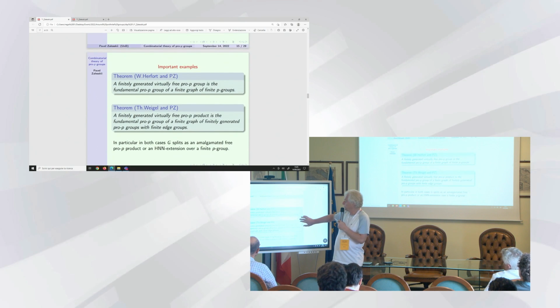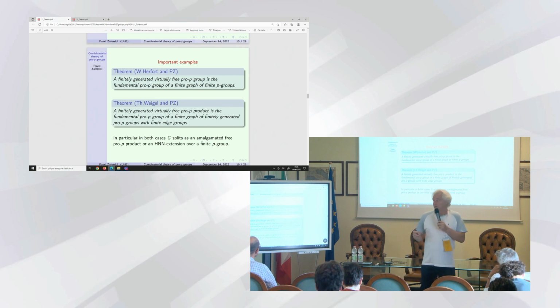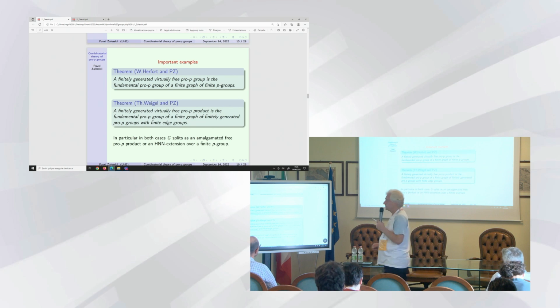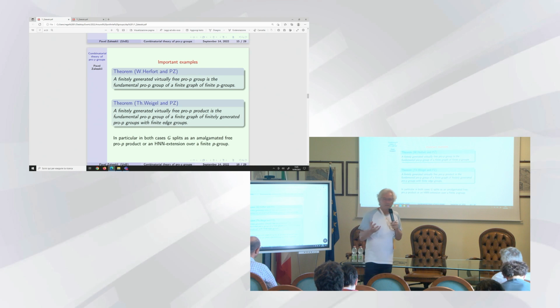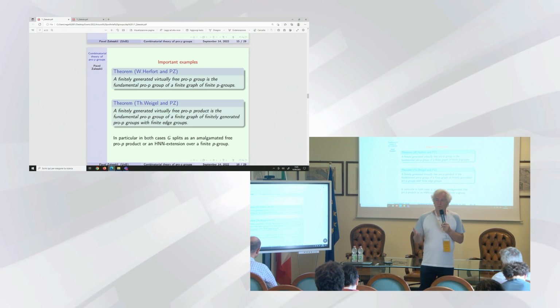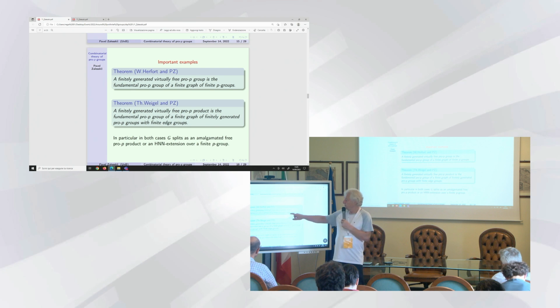All right. And then the important examples are exactly those theorems that were proved by Herfort and Zalesskii and Thomas Weigel and Zalesskii. Namely, that finitely generated virtually free pro-p groups or finitely generated virtually free pro-p products become examples of fundamental groups of graphs of groups. In this case, all vertex groups are finite.